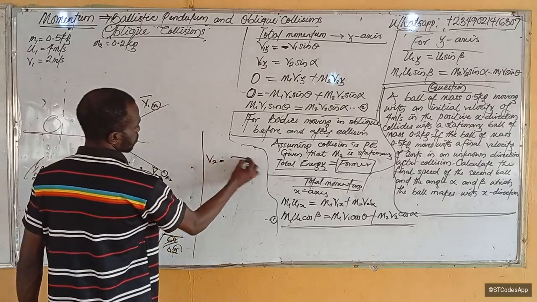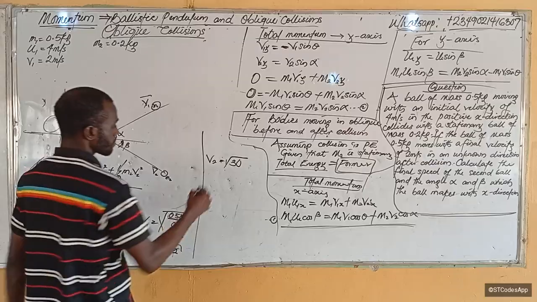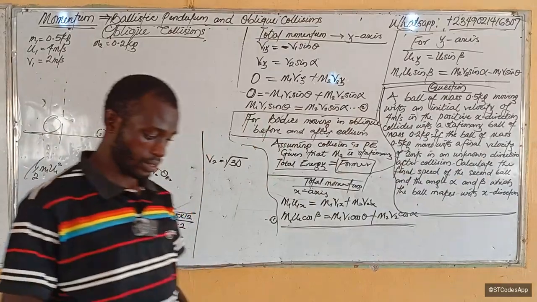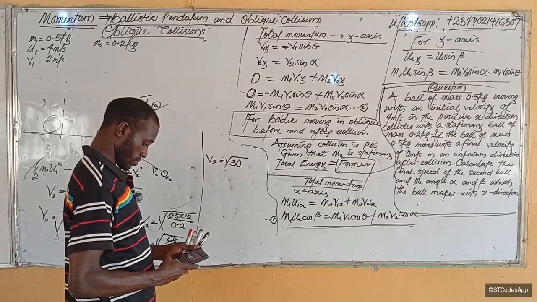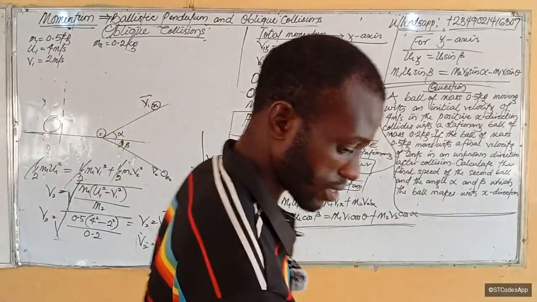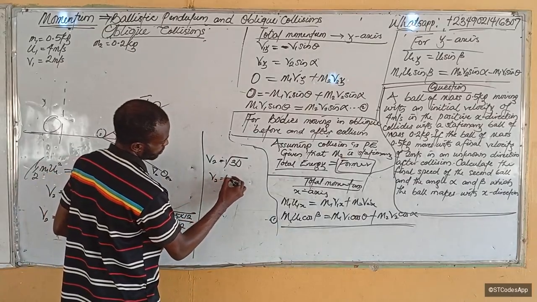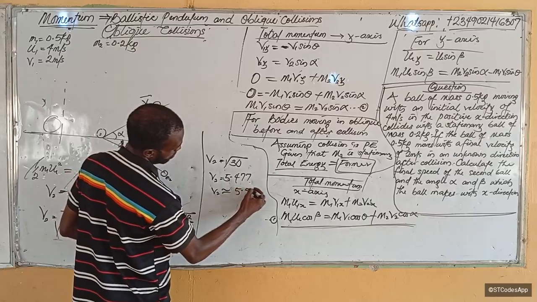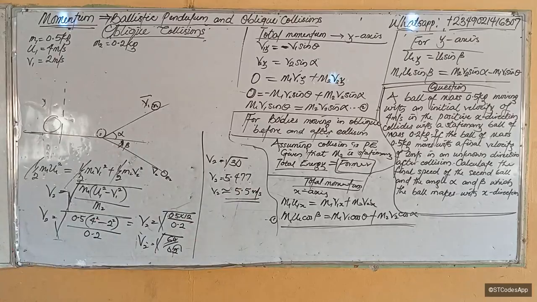So v2 becomes the square root of 30. What's the square root of 30? That will be 5.47, so that's 5.5 approximately. So v2 is approximately 5.5 meters per second. Okay? So we have calculated the first one.